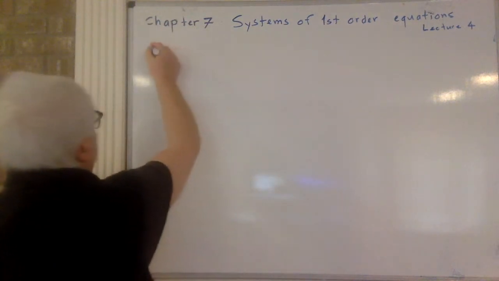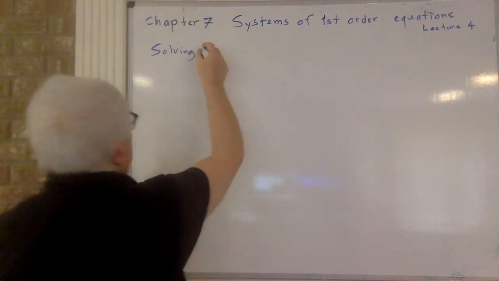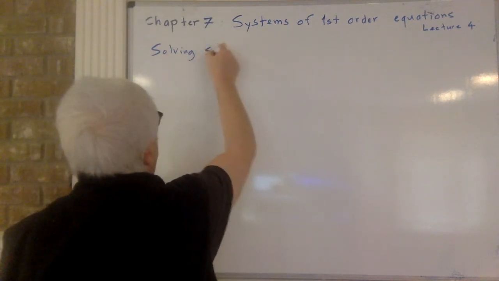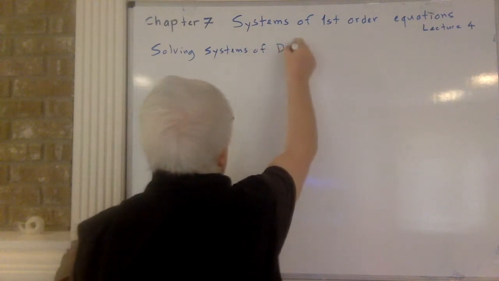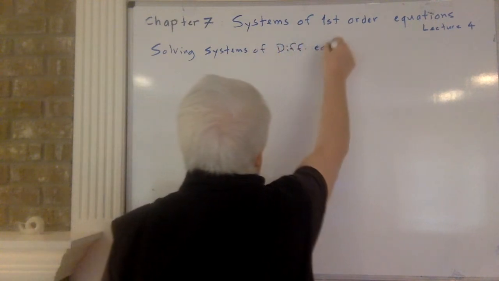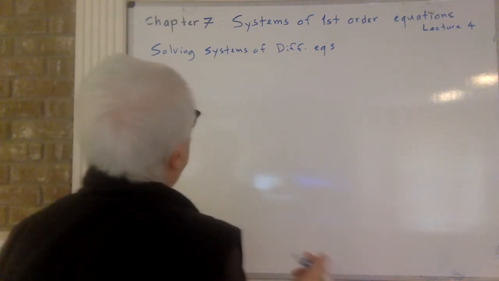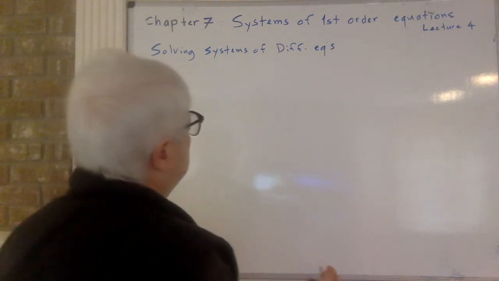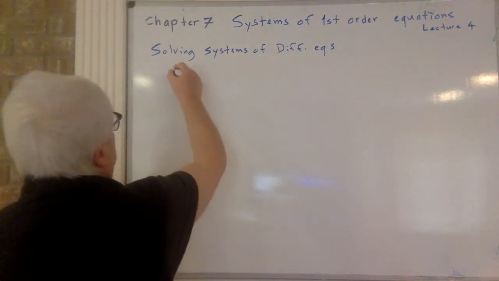So I think it was like this, solving systems of differential equations. And we start with 2 equations and 2 unknowns.